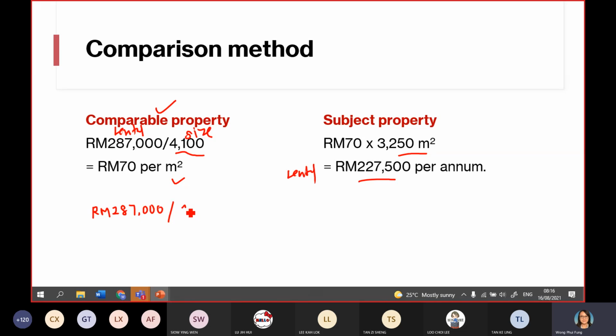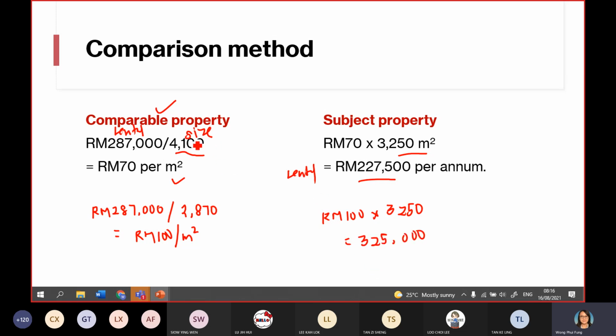Okay, say for example, make it simple. The size is this one. Okay, so when you divide, you should get 100 per meter square, isn't it? So when you times back 100 with your own property, then can you see the difference?